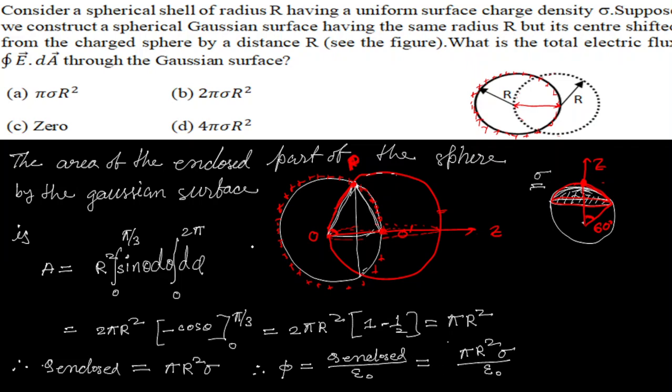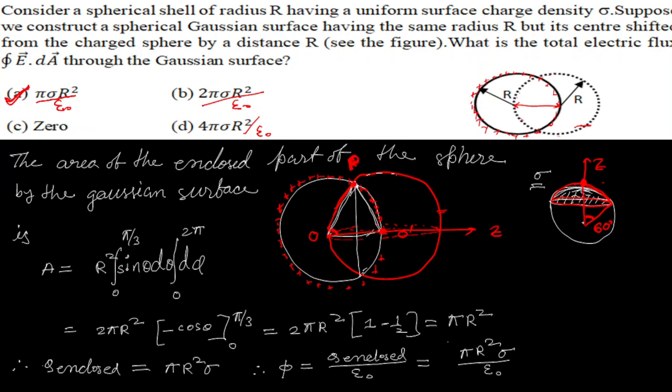That will be the flux through this Gaussian surface. So there is some mistake in the options, so you can just divide each option by epsilon naught. Then which option will be correct? Pi sigma r square divided by epsilon naught. Option A will be correct.